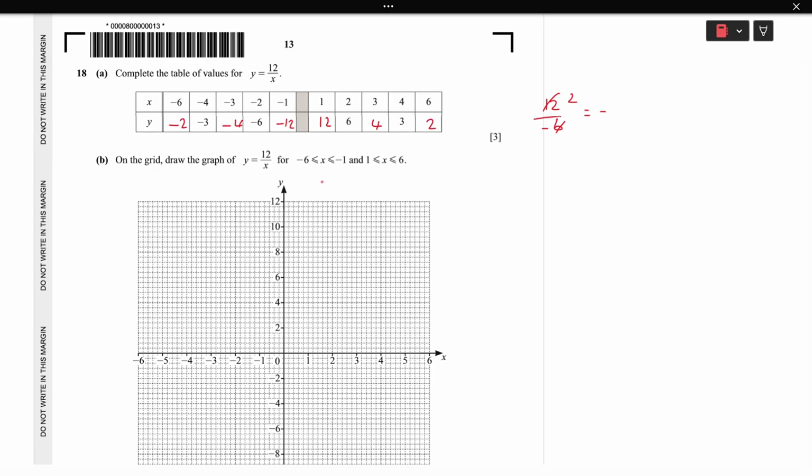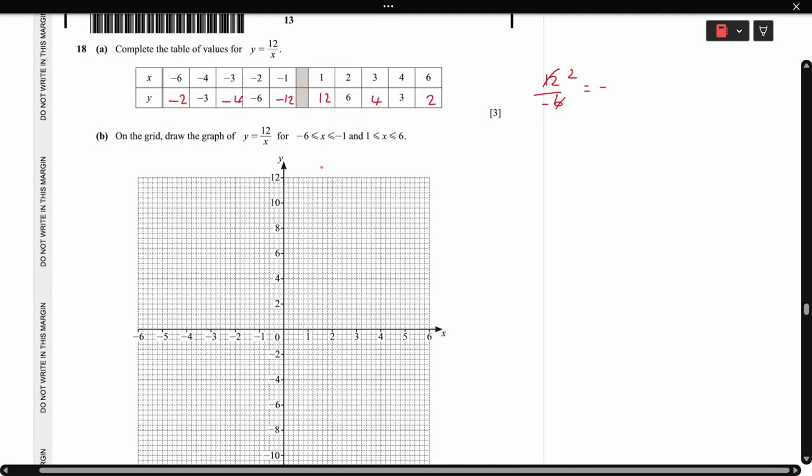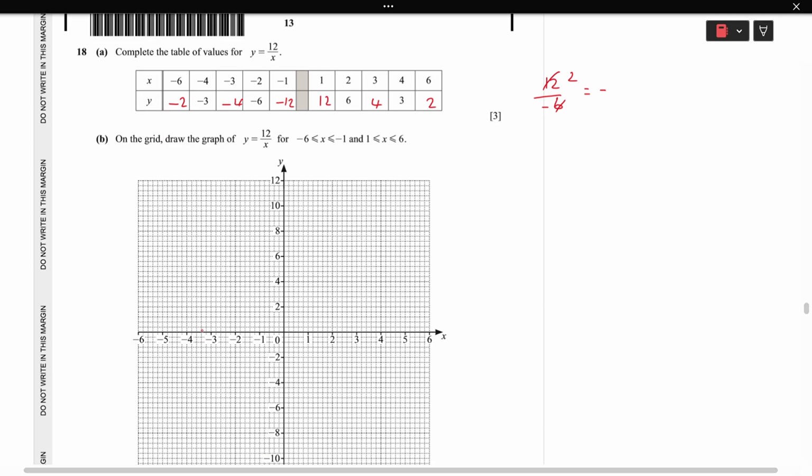Okay, we completed. So next one, they are saying to plot all the points on the grid. First is negative 6 and negative 2. So x-axis negative 6, y-axis negative 2. So it's going to be here. Next, negative 4 and negative 3. Negative 4 is x-axis and negative 3, it's here.